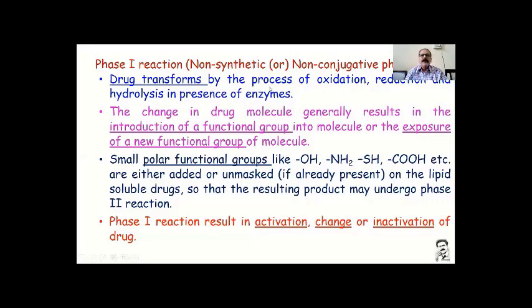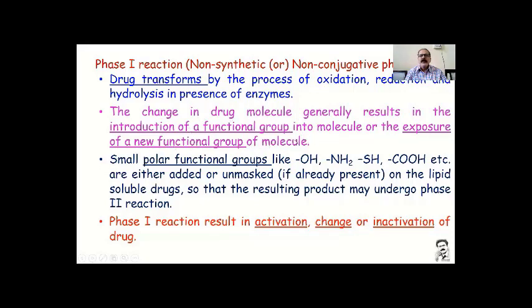So drug transformation by the process of oxidation, reduction, hydrolysis, like these simple reactions will go on, in the presence of enzymes. This is important. These enzymes will do some oxidation, reduction and hydrolysis. They will convert this drug into polar. The change of the drug molecule generally results in the introduction of a functional group into the molecule, or exposure of a new functional group of the molecule.